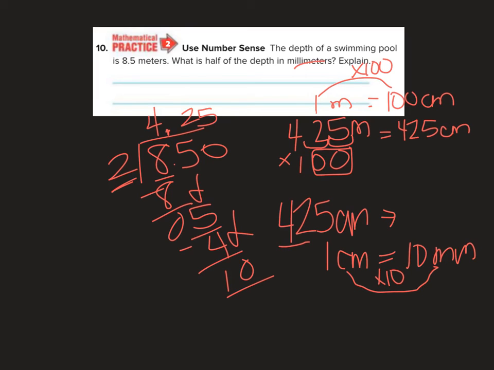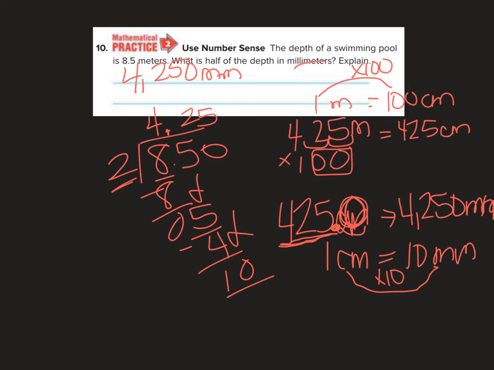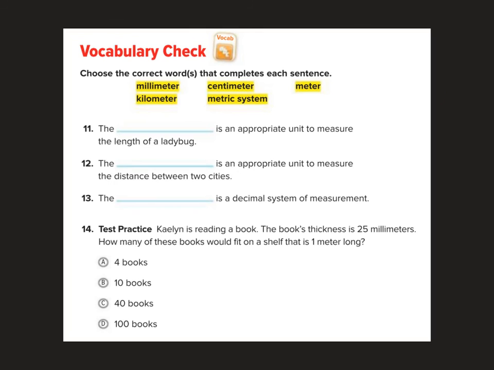So I'm going to take this number, multiply it by 10, which means I'm moving my decimal 1 spot to the right to make it an even bigger number. So there are 4,250 millimeters. Explain? I did really nice work, so I don't have to.